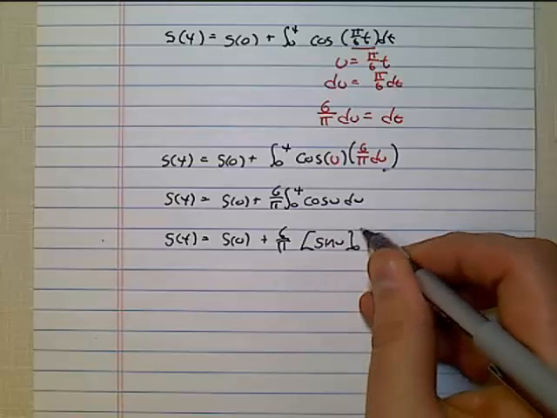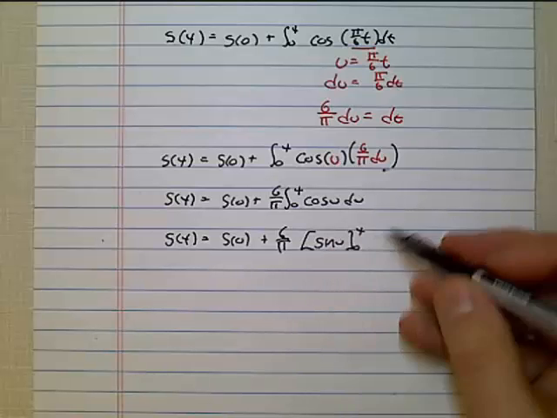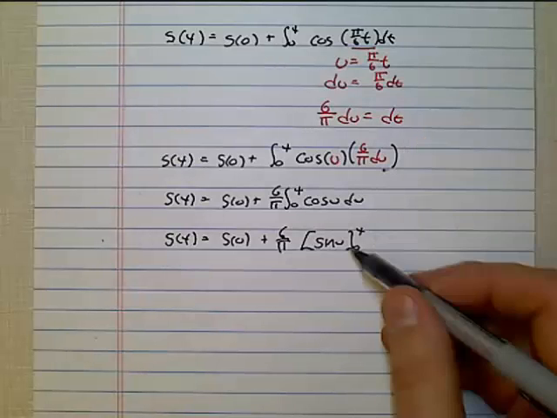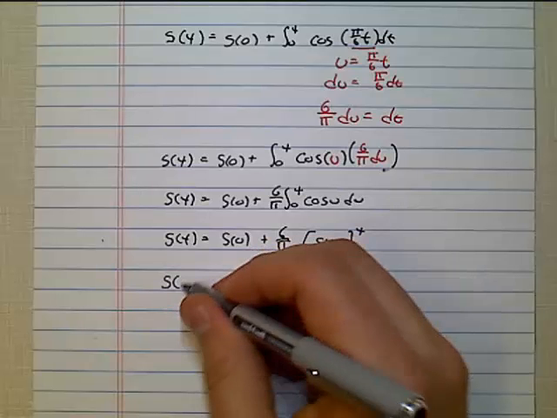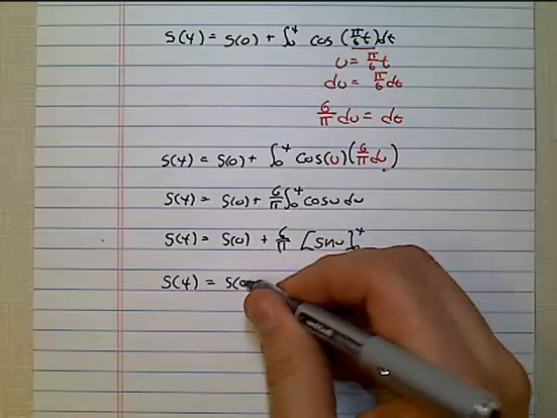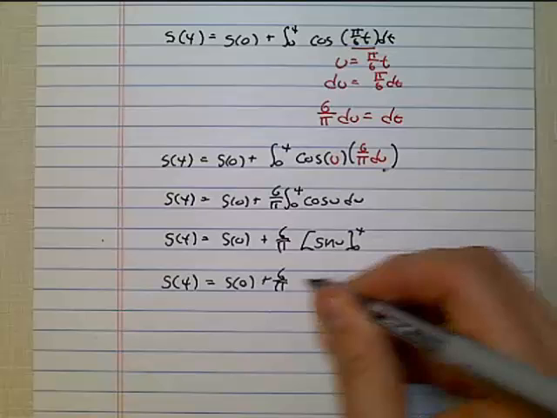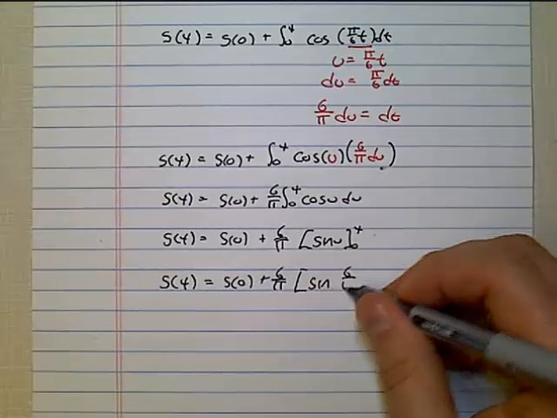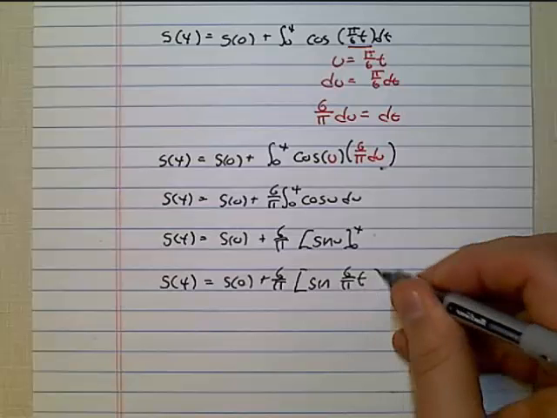This is from 0 to 4. Now I have to replace u with pi over 6 t. I have to put that back in there. So s of 4 equals s of 0 plus 6 over pi times the evaluation of sine of pi over 6 t from 0 to 4.